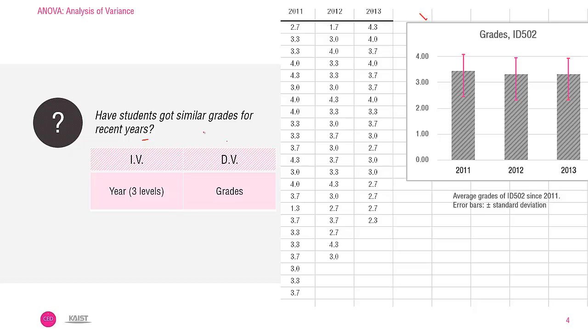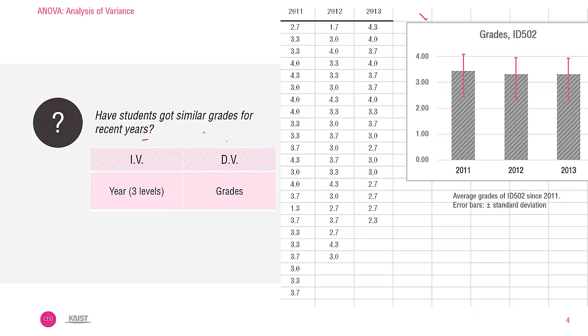So 3 levels. And the dependent variable is the grades. In addition, the 3 sample groups are independent from each other because there were no students who have retaken the course. 재수강 in Korean. So there was no 재수강 so far.